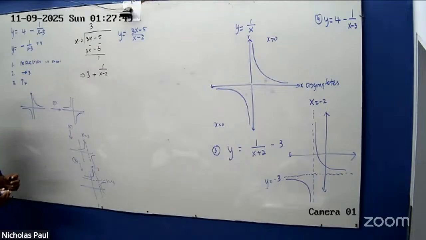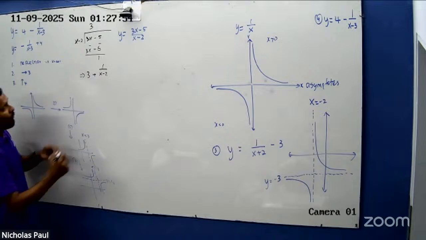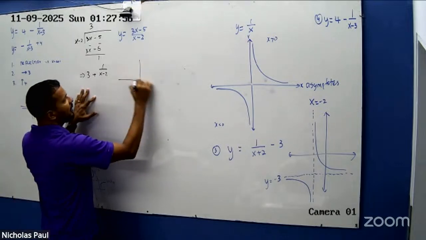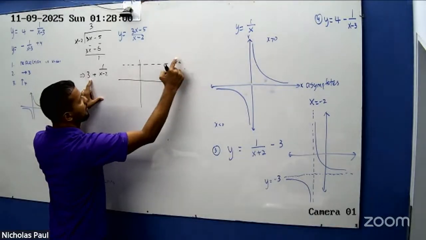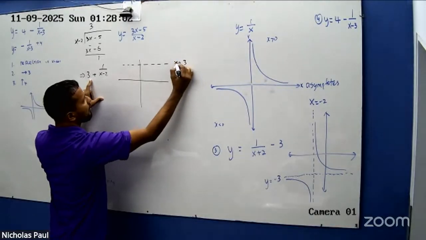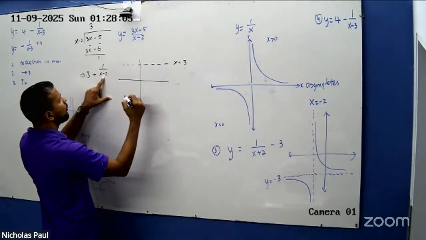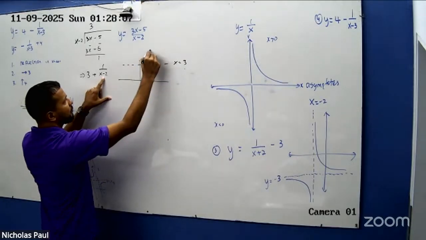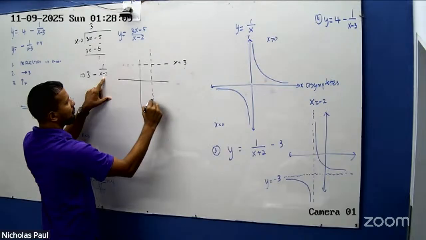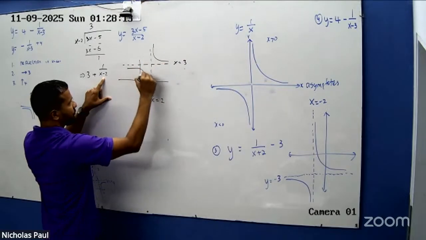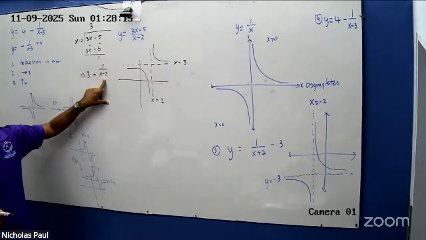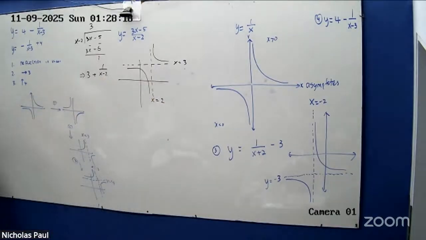But they want you to use big points and reflect. So it should be done here. This is 3 upwards, and this is 2 to the right. That's very important when it comes to functions.